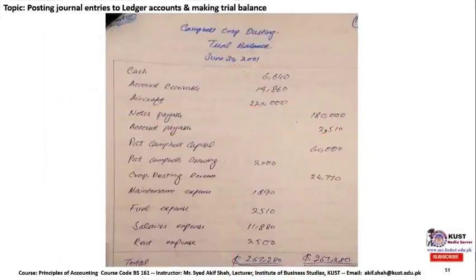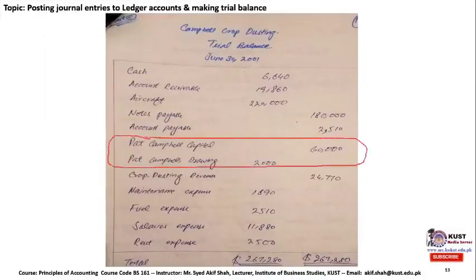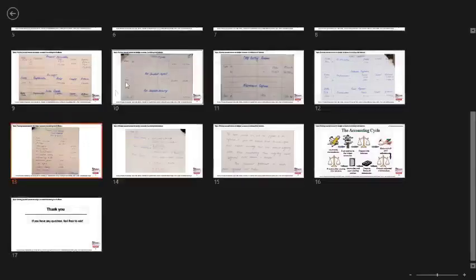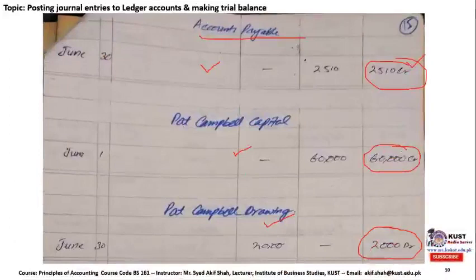Now let's discuss the owner's equity section and check out the ledger accounts for capital and drawing. For capital, we have a credit balance and for drawing, we have a debit balance. So debit in the drawing section and $60,000 credited for the capital.